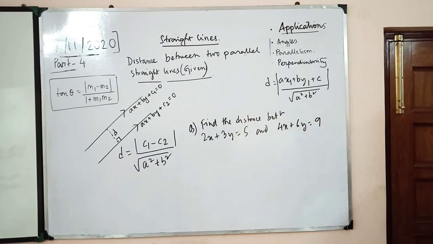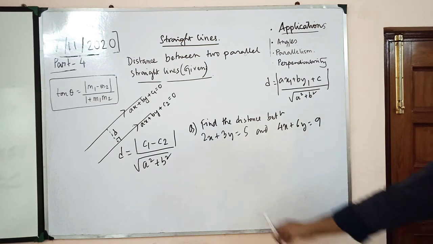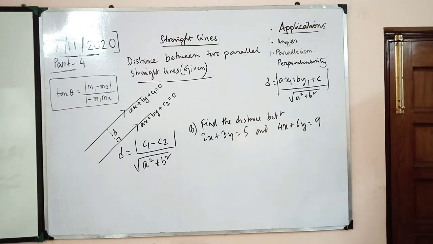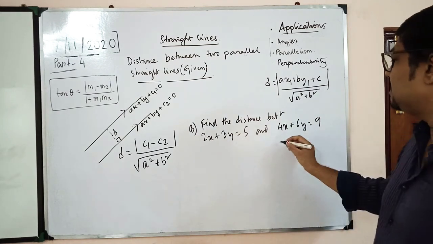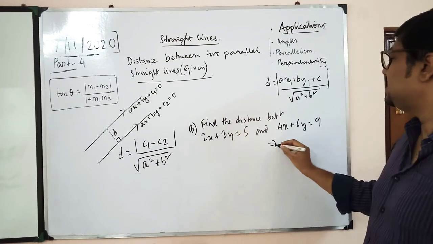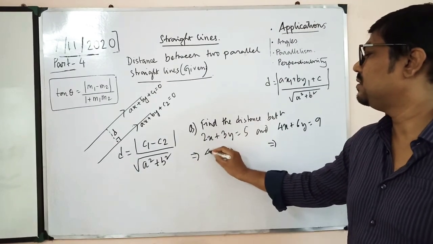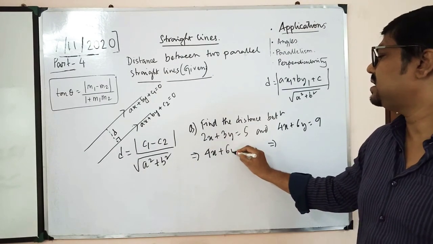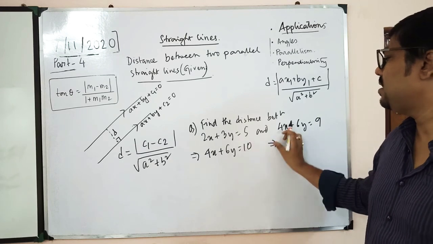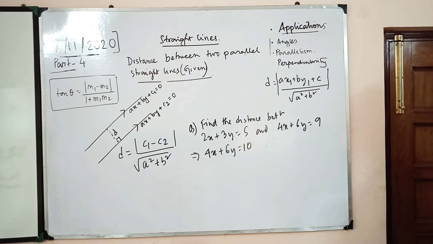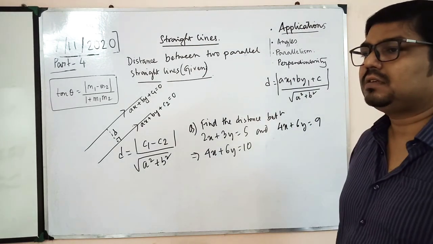Okay. Now see, first you have to make the coefficients equal. Don't take it as 4x and 6y, because you see that this can be written as either 4x plus 6y equals to 10, or this can be written as 2x plus 3y equals to 9 by 2. Any one of these. That means you have to make the coefficients absolutely the same.